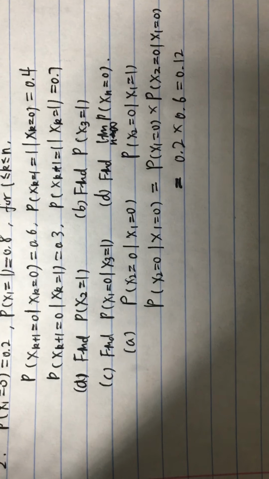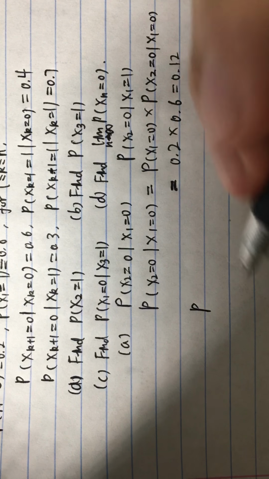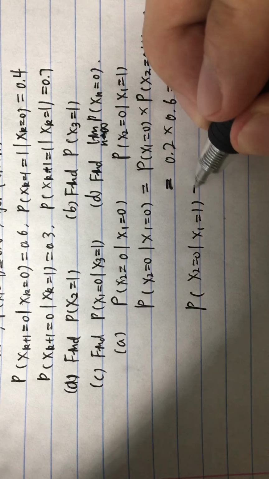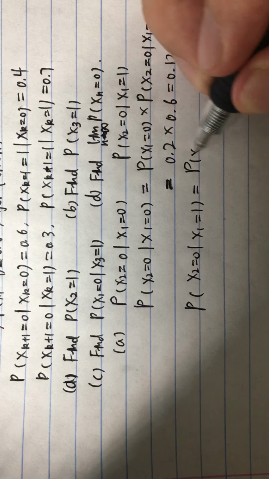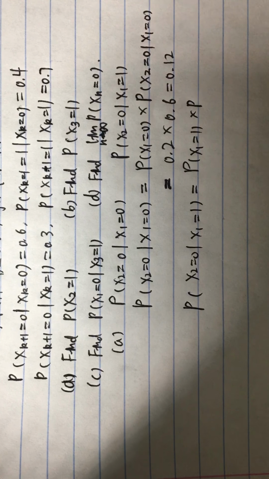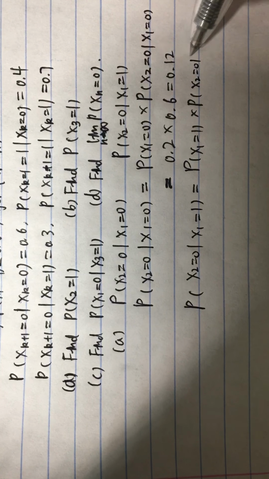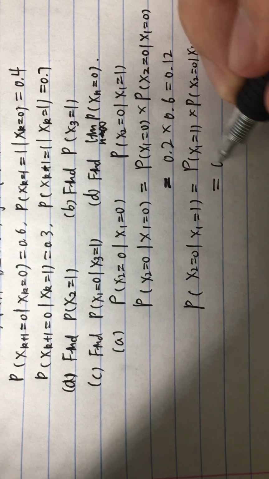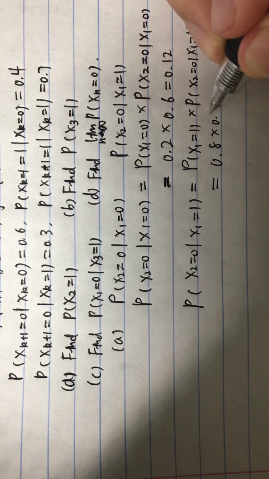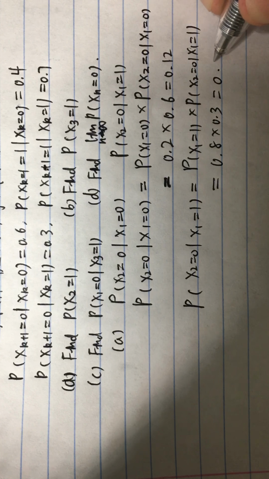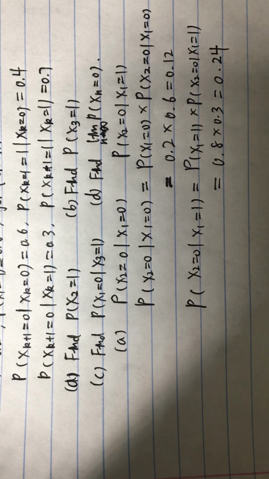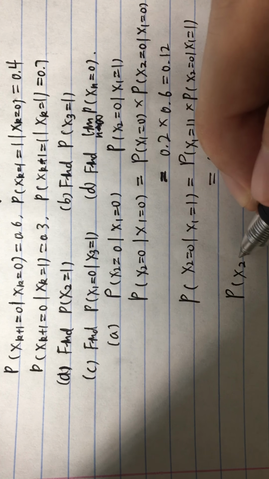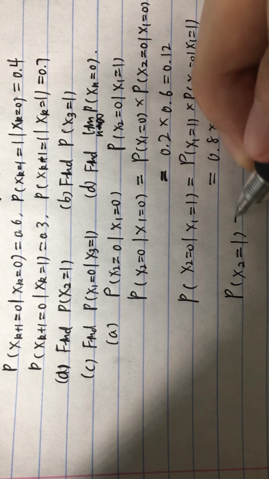Then the probability of x2 equals 0 and x1 equals 1 equals the probability of x1 equals 1 multiplied by the probability x2 equals 0 when x1 equals 1, which equals 0.8 multiplied by 0.3 equals 0.24.